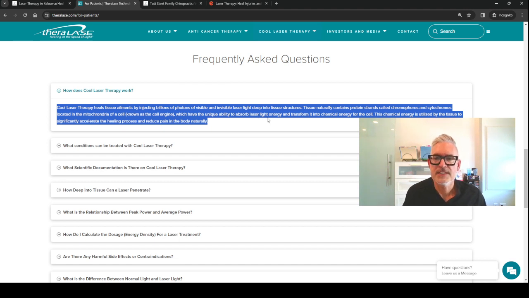These tissue structures naturally contain protein strands called chromophores and cytochromes located in the mitochondria of the cell, known as the cell engine or the powerhouse, which have a unique ability to absorb laser light energy and transform it into chemical energy for the cell. That's pretty cool. And this chemical energy is utilized by the tissue to significantly accelerate the healing process and reduce pain in the body naturally. So that's pretty awesome.